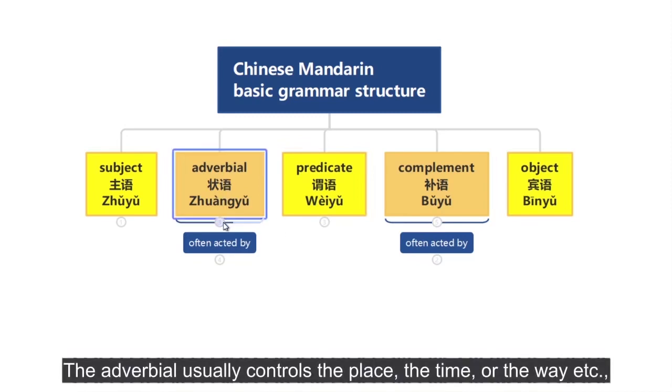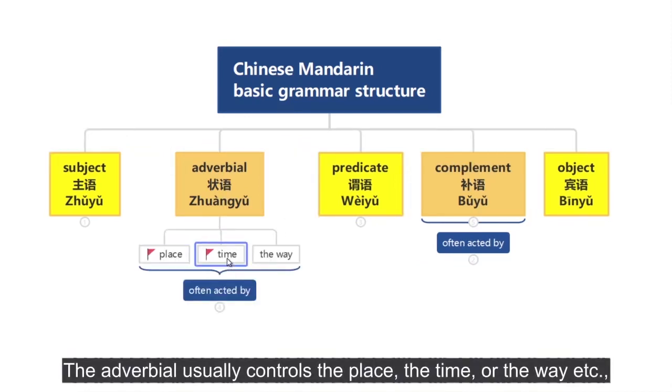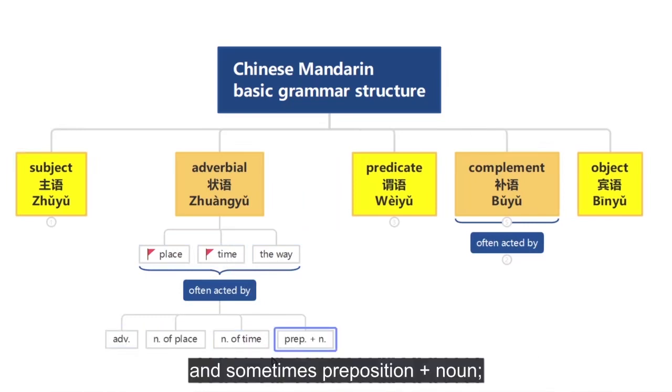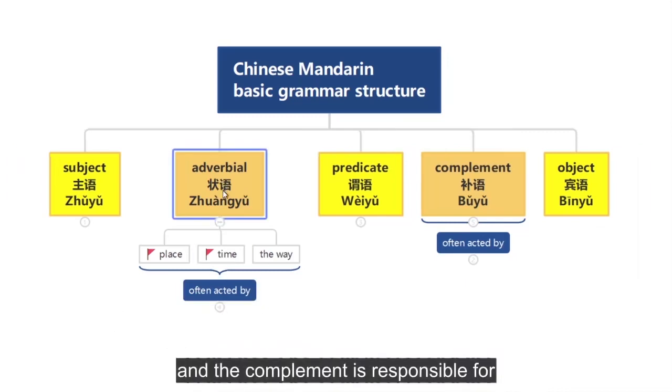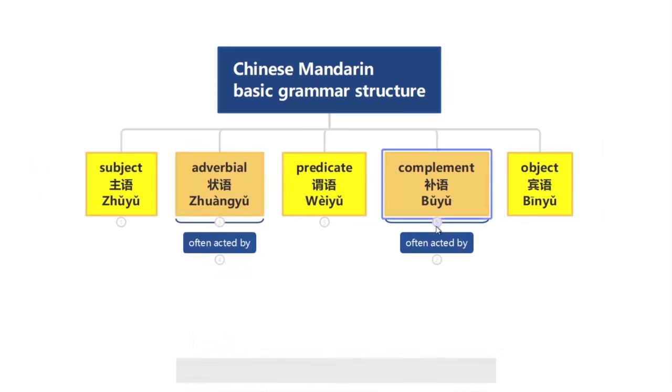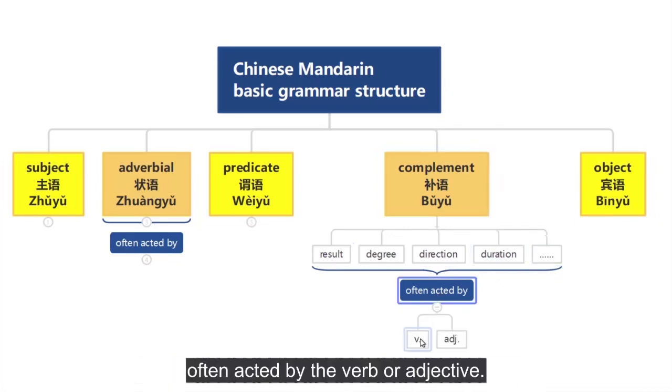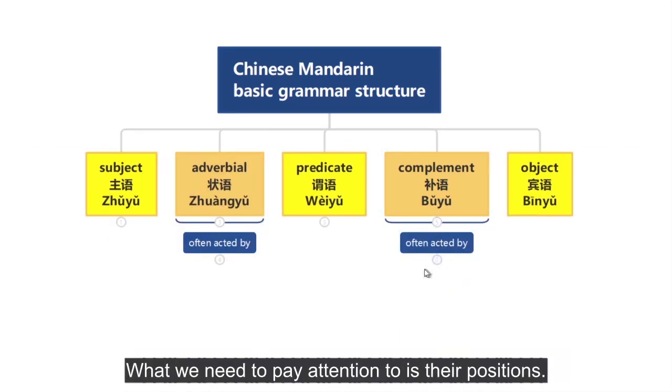The adverbial usually controls the place, the time, or the way, etc., often acted by the adverb, noun of place or time, and sometimes preposition plus noun. And the complement is responsible for the result, degree, direction, duration, and so on, often acted by the verb or adjective. What we need to pay attention to is their positions.